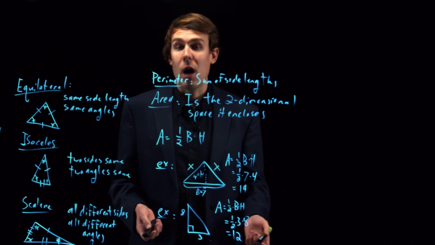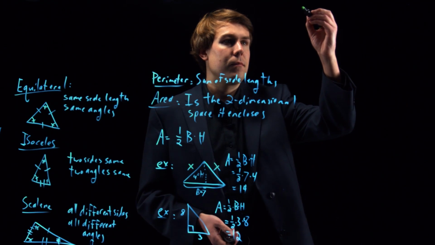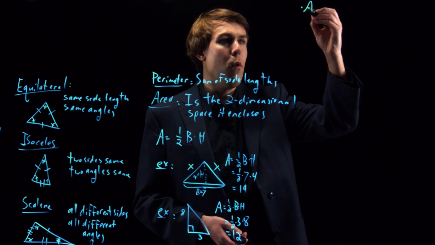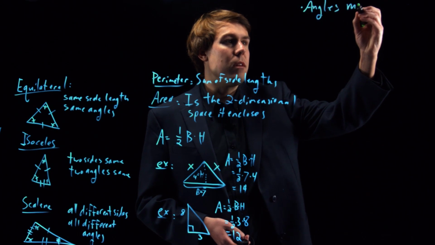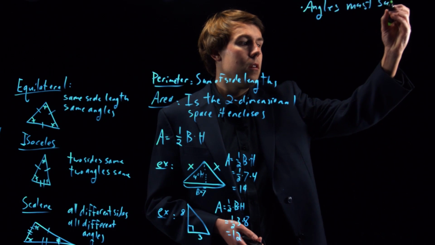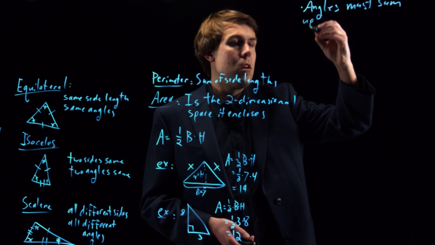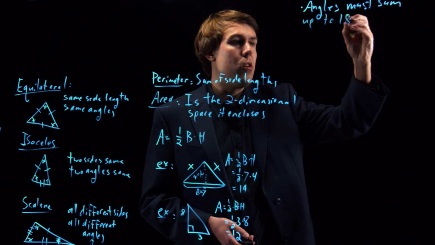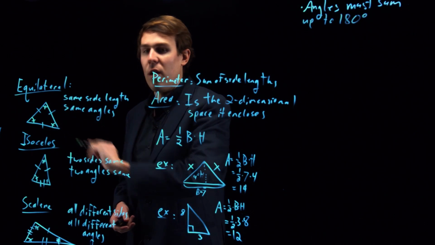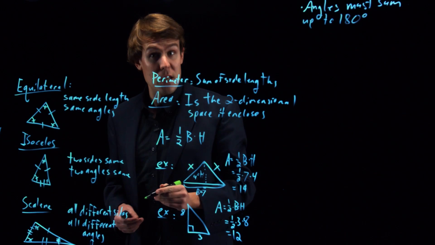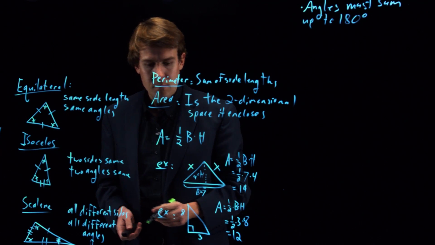So let's now talk about angles. An important thing to keep in mind about triangle angles is the angles must sum up to 180 degrees. So if I take the three angles in any triangle and add them up, it's always equal to 180.